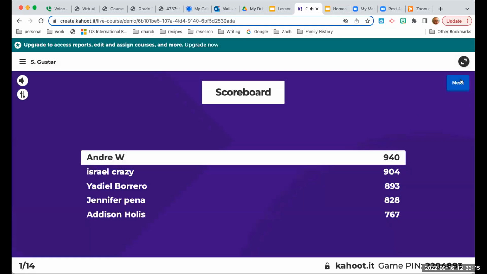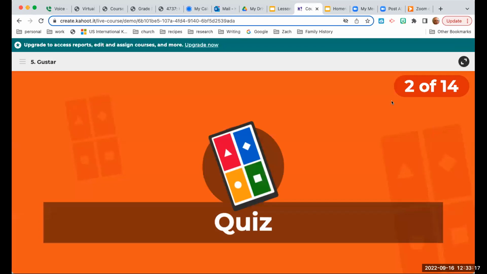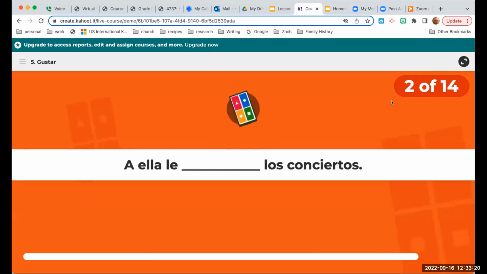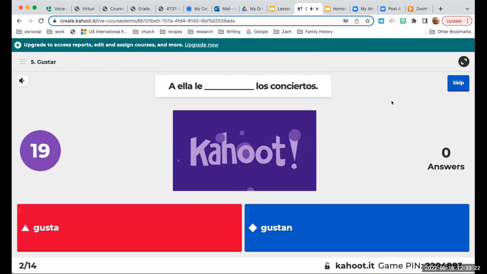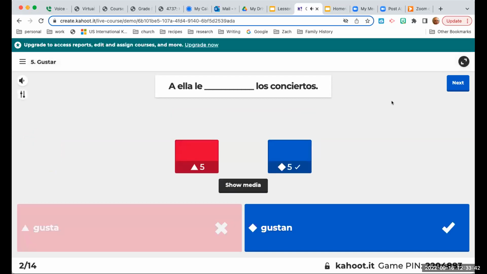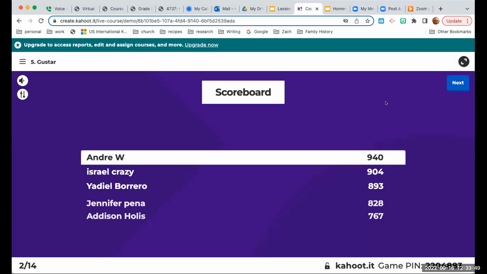Right. A ella le blank los conciertos. The answer is gustan because conciertos is a plural word. She likes the concerts. Concerts are plural.